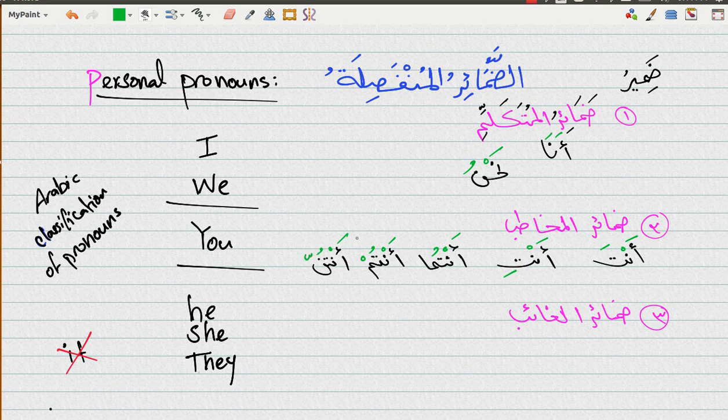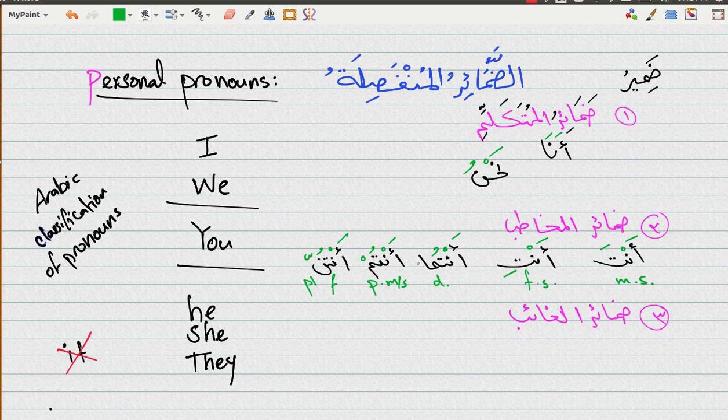So, أنت, أنتِ, أنتما, أنتم, أنتن. أنت means you, but if I'm talking to a masculine singular person. For a feminine singular, I say أنتِ. Dual, I would say أنتما. Plural, masculine or mixed, I would say أنتم. Plural, feminine, I'd say أنتن.